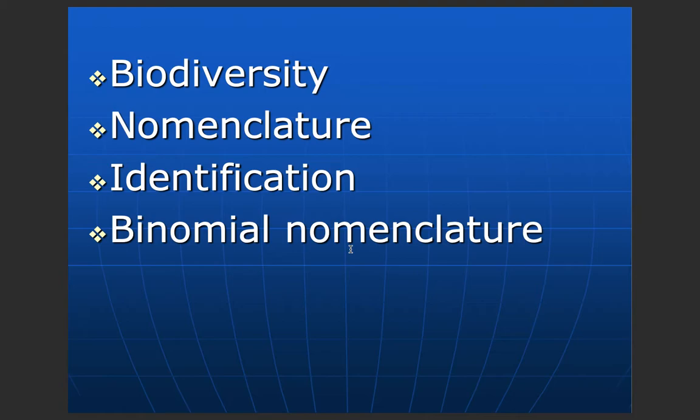It is the process of giving scientific names, which are considered uniform names all over the world for all living organisms, and it depends upon two important features, that is genus and species. Generic epithet and specific epithet together make the scientific name of an organism according to this process of nomenclature.